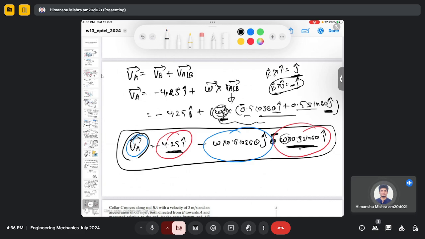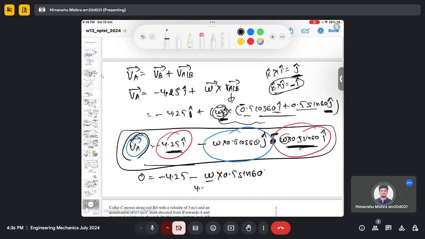If I write the horizontal component of this vector equation, it will be 0 equals minus 4.25 minus omega cross 0.5 sin 60. In that manner I can calculate omega.